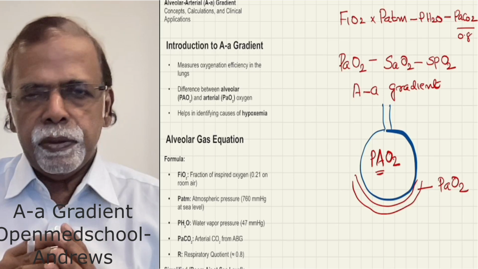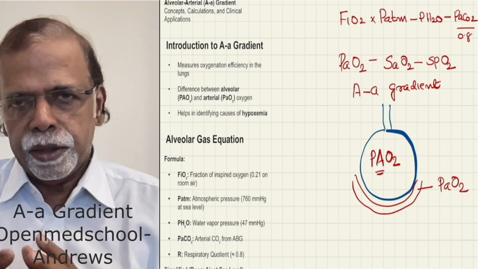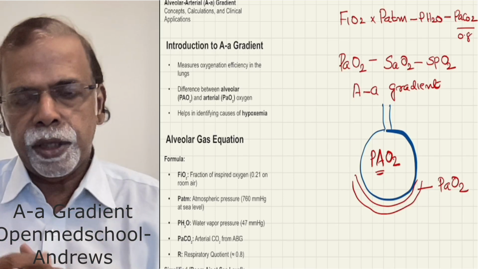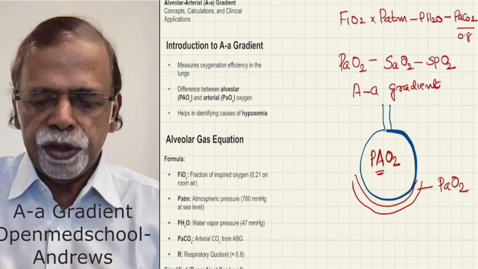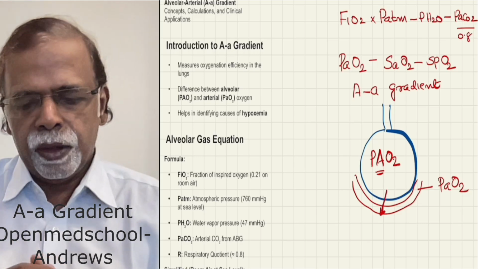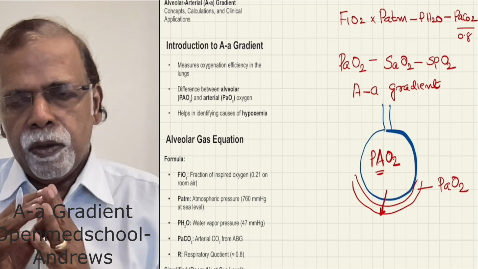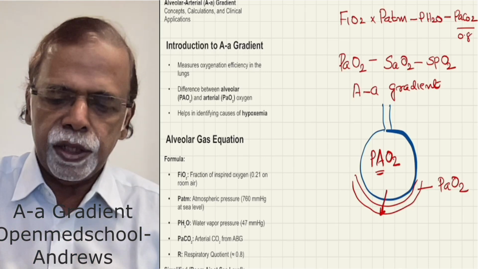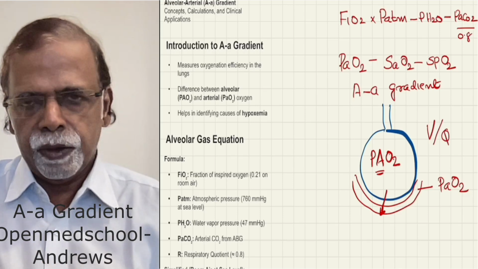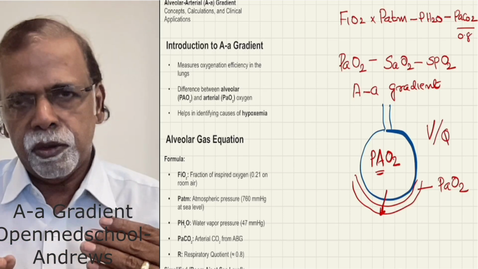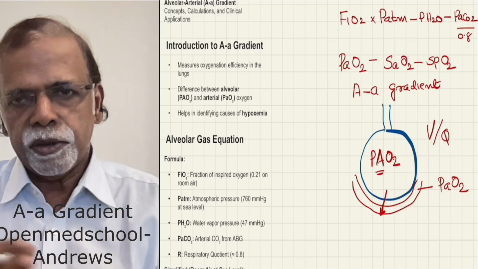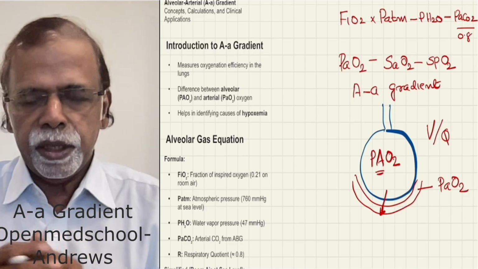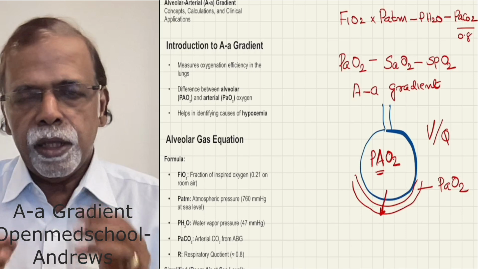So the PAO₂ and the PaO₂, that is the alveolar oxygen and the arterial oxygen, in an ideal situation should be equal if it is diffusing properly. But in a normal person, even in a normal lung, there is a mismatch between ventilation and perfusion. Some of the alveoli are ventilated more and some of the alveoli are less perfused. So this leads to a normal difference between the arterial oxygen and the alveolar oxygen.